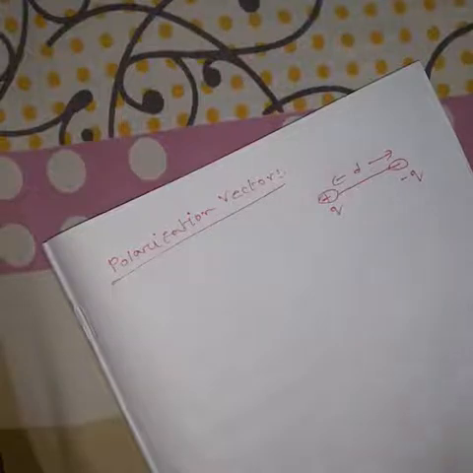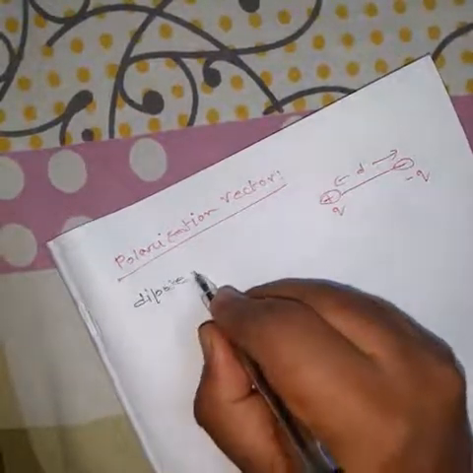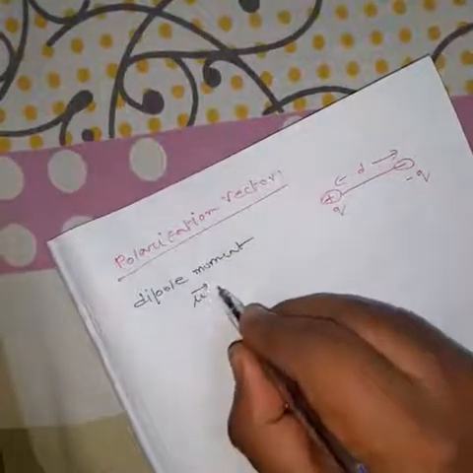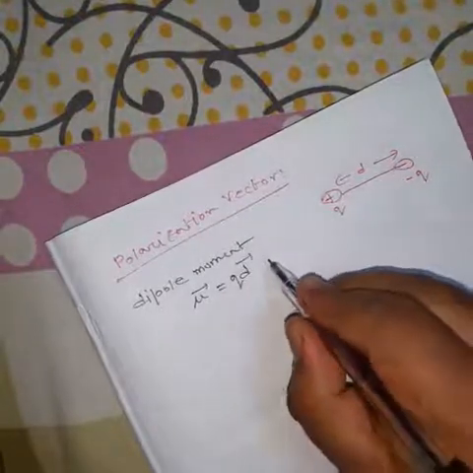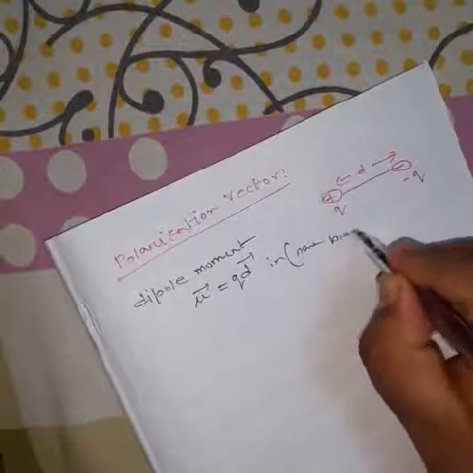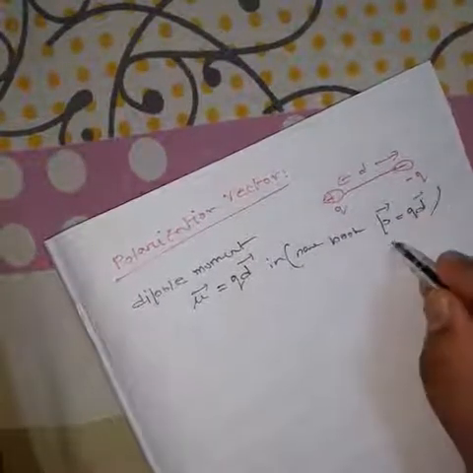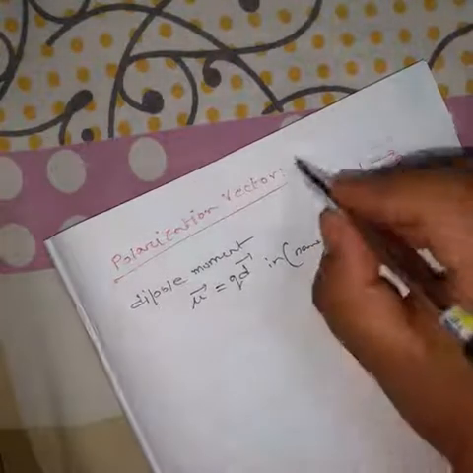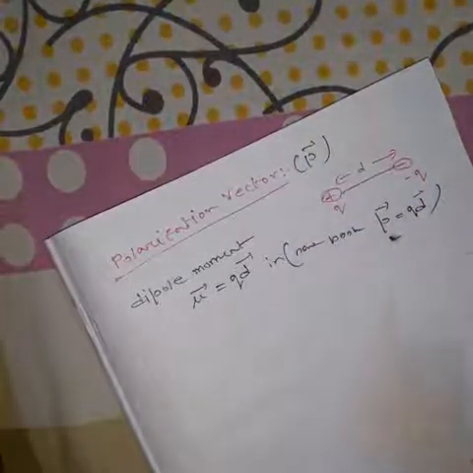The dipole moment, which we denote by mu, is a vector given by q d. In some books you will see it written as small p equal to q into d. We are not using small p here because we will be using the polarization vector as capital P.